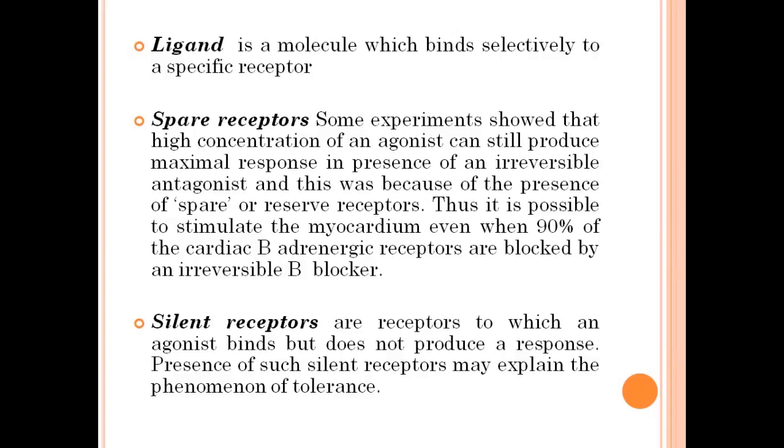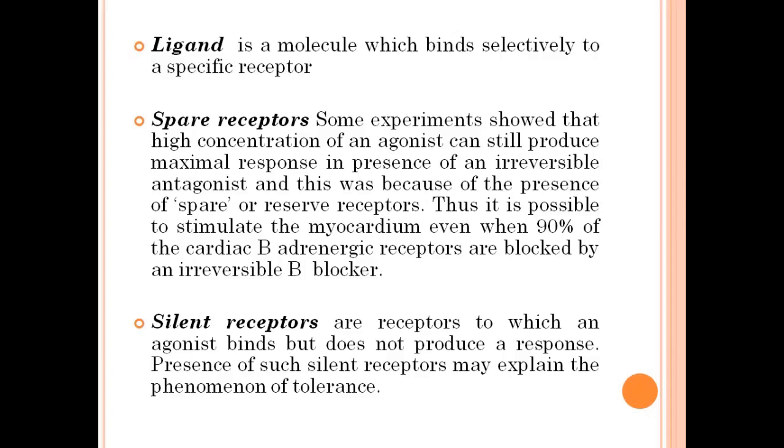Okay. Now, what are silent receptors? Silent receptors are receptors to which an agonist binds but does not produce a response. The presence of such silent receptors may explain the phenomenon of tolerance. So when we say that the person has become tolerant towards that drug, that means even when he's taking that medication, his body is not producing any effect.